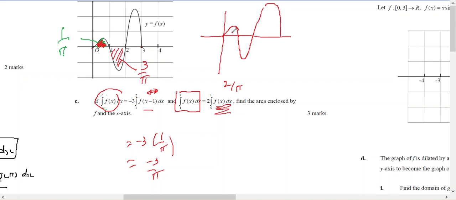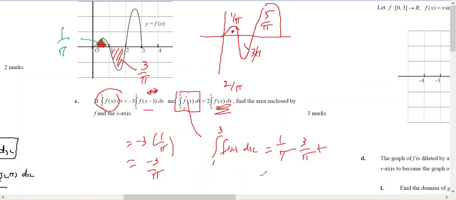So this must be 1 on pi, this must be 3 on pi, and this must be 5 on pi, because the integral from 1 to 3 of f of x dx is going to be 1 on pi minus 3 on pi plus something, and it has to equal 2 on pi. Therefore, it's got to be plus 5 on pi.